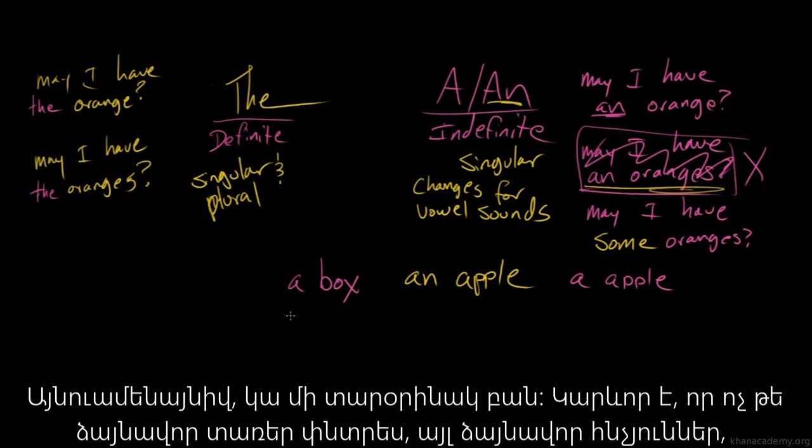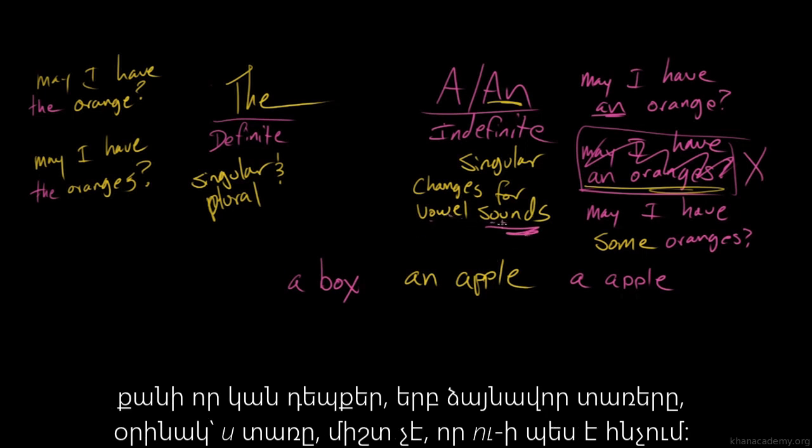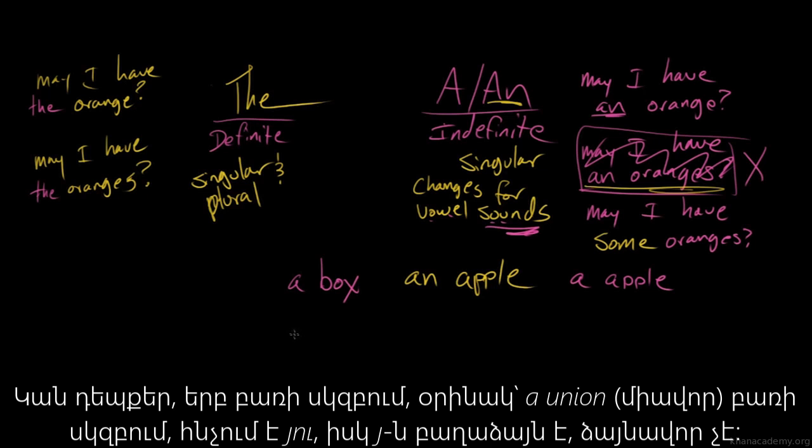Something a little weird, though. You want to make sure that you're looking for vowel sounds, not just for vowels, because some vowels, for example, the letter U, don't always produce oo sounds. Sometimes, if they're at the beginning of a word, like in the word union, so if you say a union, that produces a y sound, and y is technically a consonant sound.